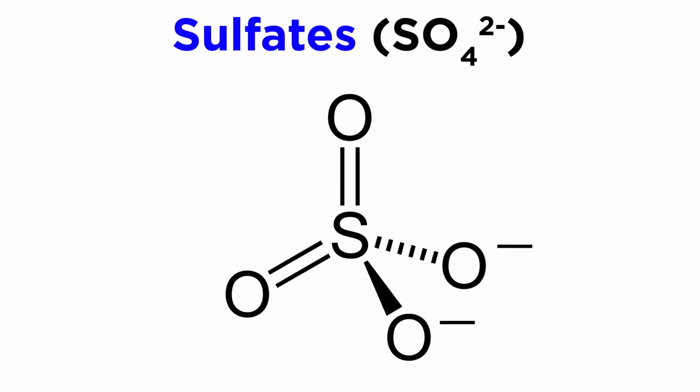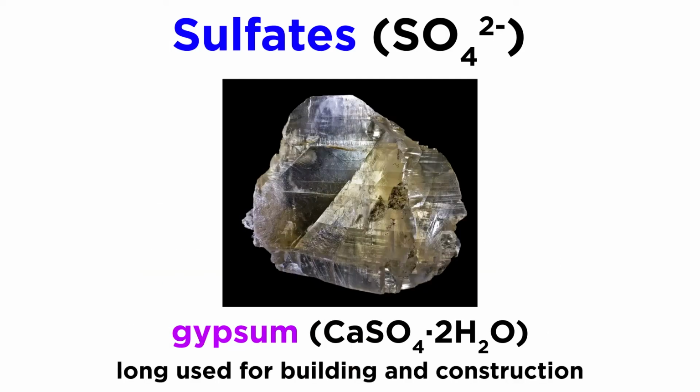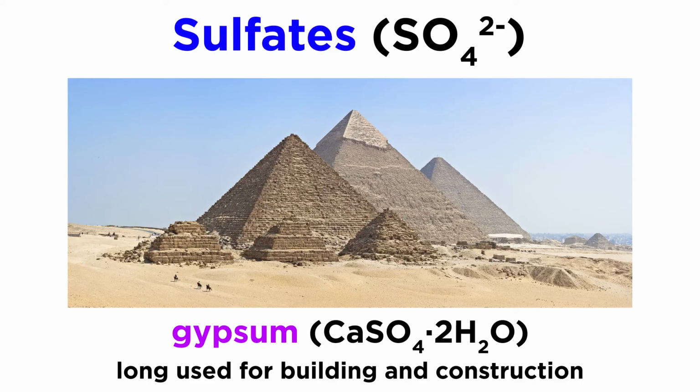Sulfates contain the sulfate anion, SO4, and this is a representative group for other similar anion complexes, such as selenites, chromates, and molybdates. Gypsum, or hydrated calcium sulfate, is a common sulfate mineral that has been used for building and construction since ancient times.